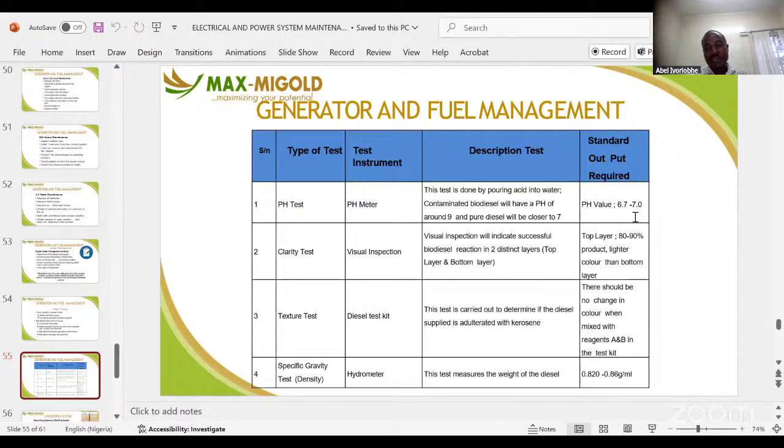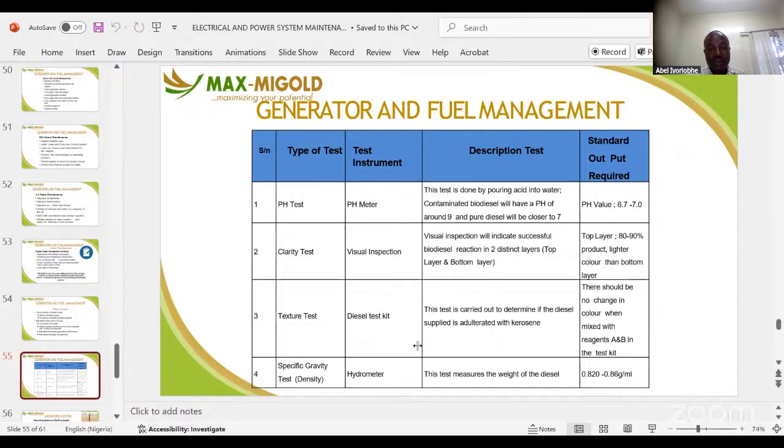It's just like the level of acidity and alkalinity in your product. That's between 6.7 to 7.0. That's what is accepted. For the clarity test, on visual inspection you can see the color of your diesel, the smell and other things. So you know diesel that is good by seeing it with your eye.